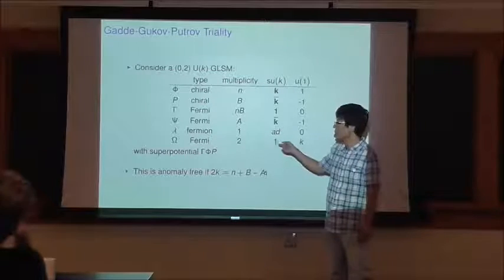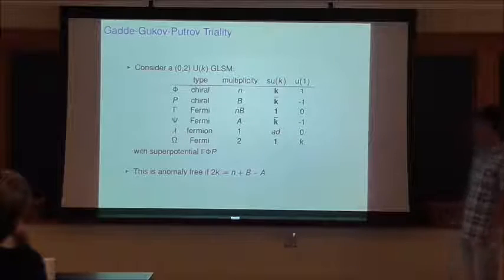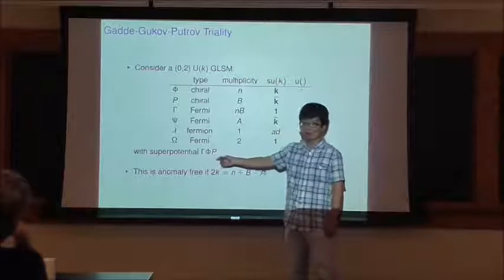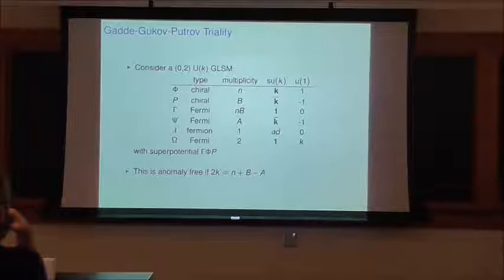Finally, you have a bunch of these called omegas, whose purpose is to cancel anomalies. And finally, you have a familiar sort of superpotential like that. You might expect some sort of geometry out of this. And the anomaly cancellation condition sets a relationship on the integers defining this theory. And we will see this condition again and again later.